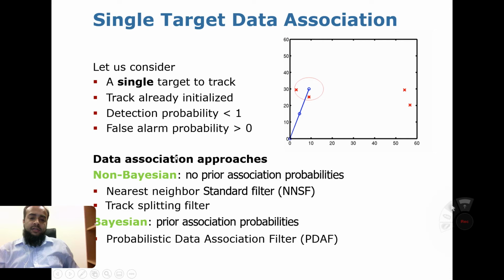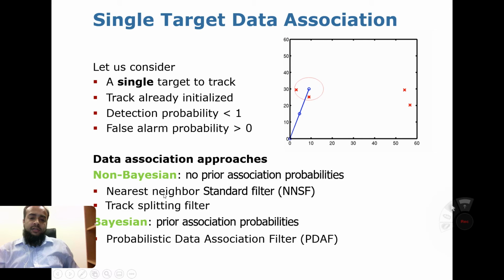So for the data association, there are two approaches: non-Bayesian and Bayesian. In the non-Bayesian approach, we do not know the prior state PDF, and in the Bayesian approach we know the prior state. That is why we use a Bayesian filter, and in the non-Bayesian approach we do not calculate the association probabilities because we do not know the prior PDF.